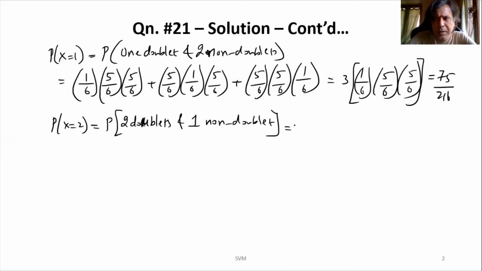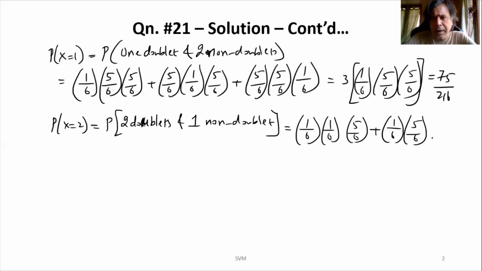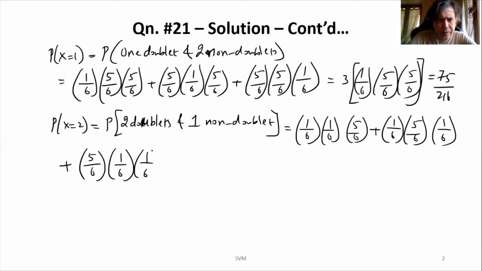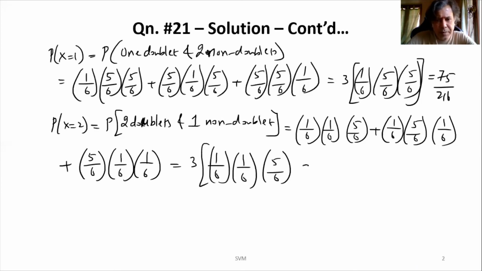So how can that happen? First two I can get doublets, last I may not get a doublet. Or first I may get, second I may not, last I may get. Or first I may not, next two I may. Again, this can be written as 3 times 1 by 6, 1 by 6, 5 by 6. So it becomes 15 divided by 216.